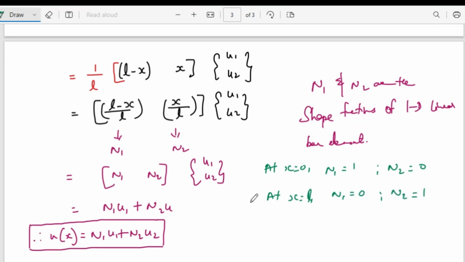So what we can observe is that n1 and n2 vary linearly within the element. And one more point is that if you add n1 and n2, it will always be equal to unity, equal to 1. The value of n1 and n2 at any point within the element will add up to 1. These are some properties of the shape functions.